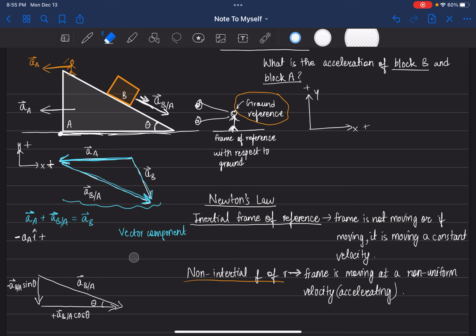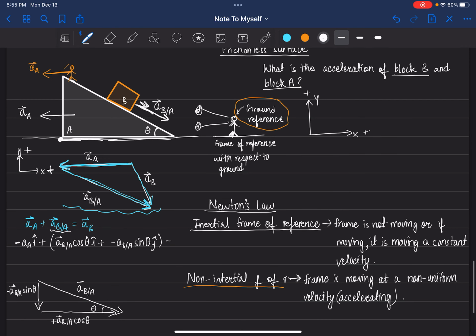Okay. So once we have that, we will write the vector components of a_B with respect to A. So if we write the vector components, I have a_B/A cosine theta in the positive i hat direction, then plus negative a_B/A sine theta in the j hat direction.